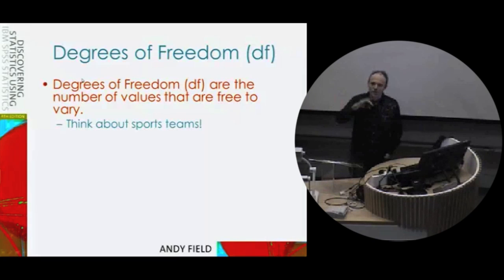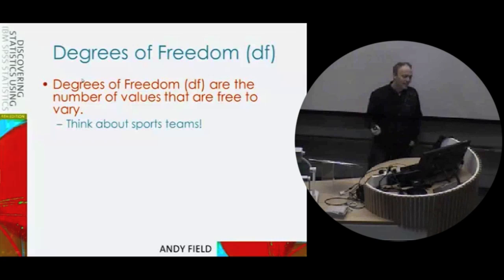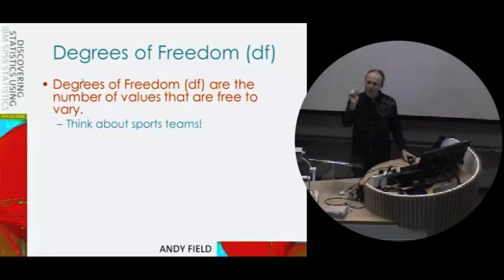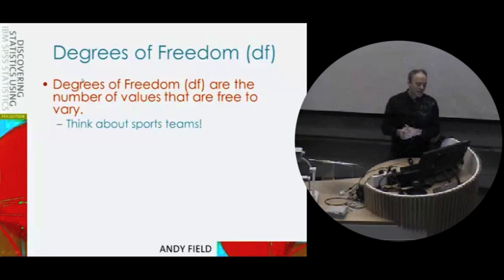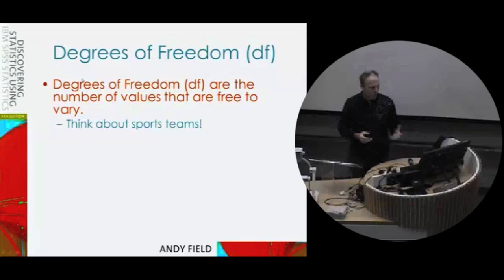So basically all the scores in the population can be whatever they like apart from the very last score. And that last score will have to be a value that brings the mean to 10 because that's what we've assumed the population mean is. So it's a bit like when you're playing sport.